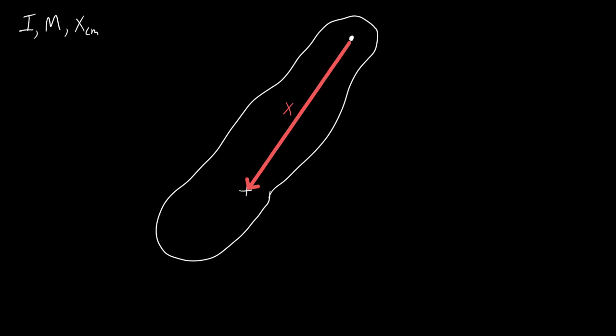If I take some random object and set it into some kind of oscillatory motion, I want you to be able to determine, theoretically, if that object is in actual simple harmonic motion. So again, I'm trying to tell you what to do. I've drawn the object.